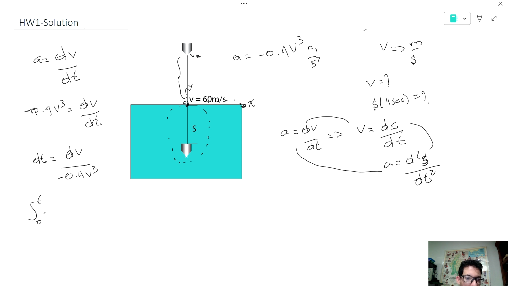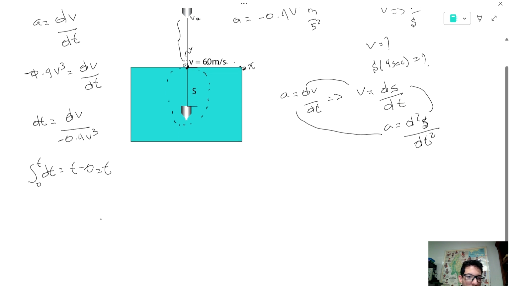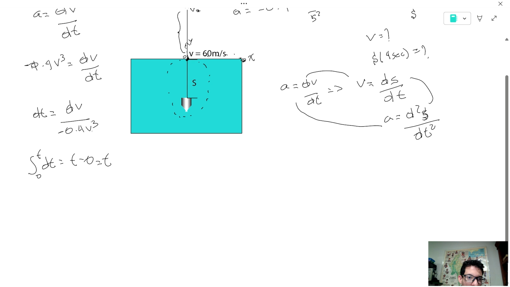We're going to start at initial condition equals 0. That is the simplest thing we can do. So let's start at time equals 0, and this is going to be t minus 0, or just t. Very simple. Now this part, this is where we're going to use Wolfram Alpha, or if you're good at differentiating and integrating, you can just do it yourself.